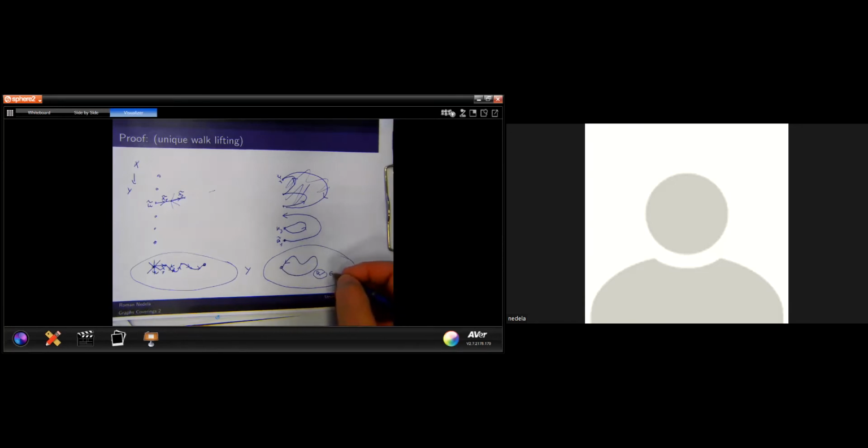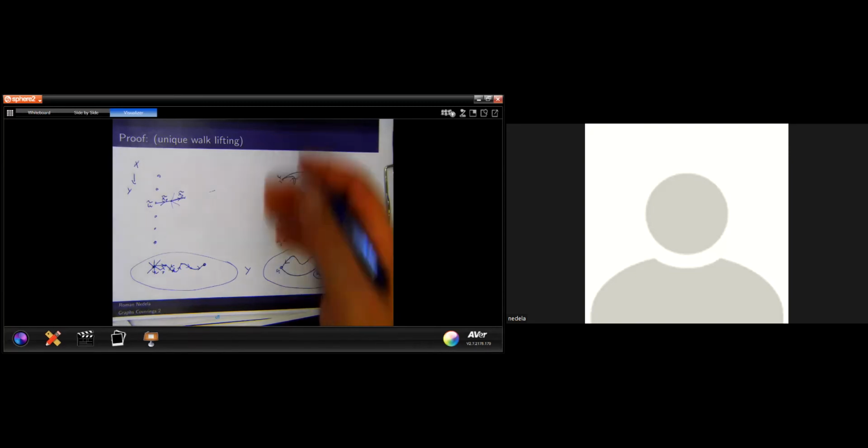We may imagine that it belongs, if this is u, to the fundamental group of u in X, it defines some permutation of the vertices. And the permutation is defined as follows: I associate to u1 the vertex where this unique lift terminates. So it can be u3, for instance.